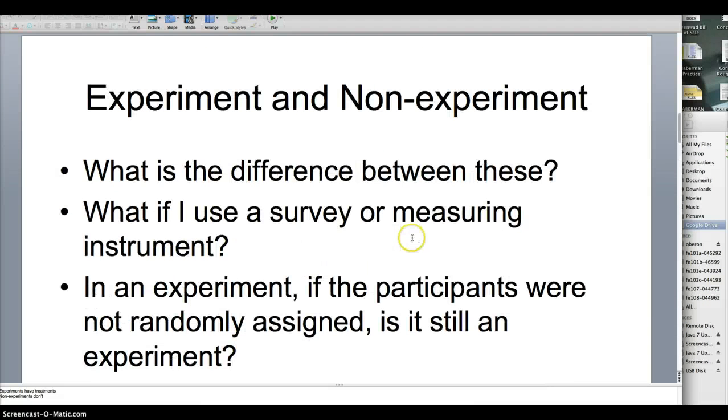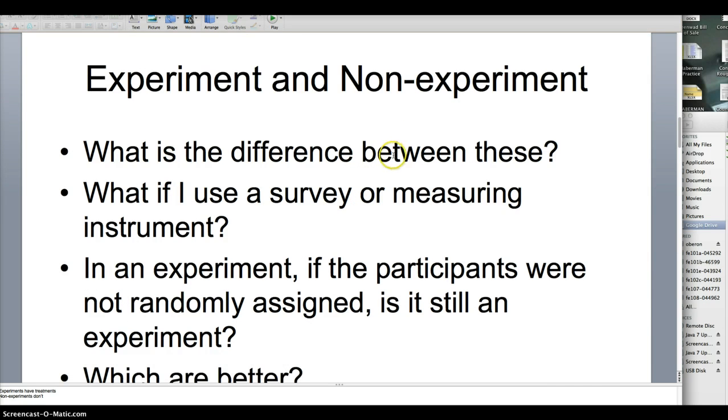Within quantitative research, there's two types: experimental and non-experimental research. Experiments have treatments. For example, you have an experimental group and a control group, and you do something to the experimental group, and then you measure to see if there's a difference. Non-experimental research doesn't.